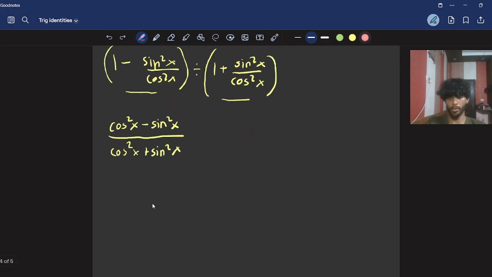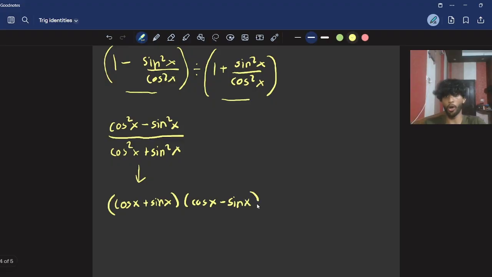So the first thing I can see over here is that I can apply an identity. Now, I don't know if that identity is going to have a meaningful result or not, but when you can apply identities, usually they do have meaningful results. And so cosine squared x minus sine squared x is basically cosine x plus sine x, and then cosine x minus sine x.